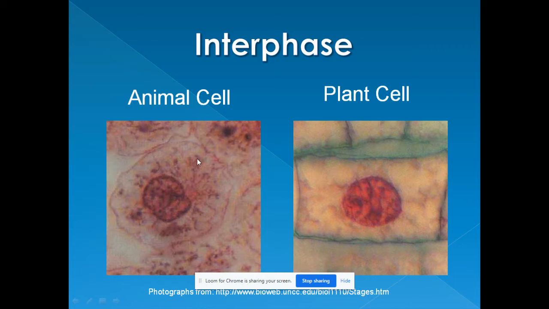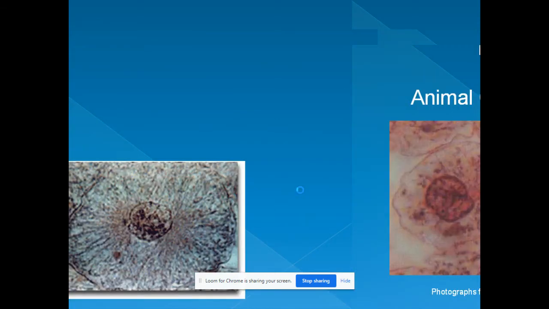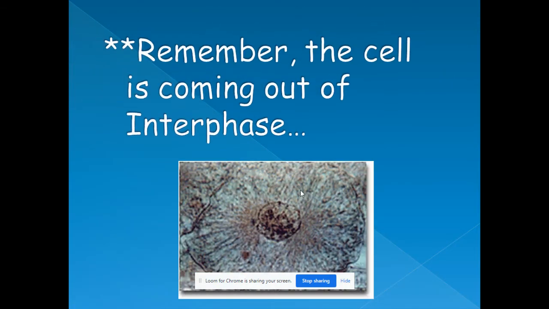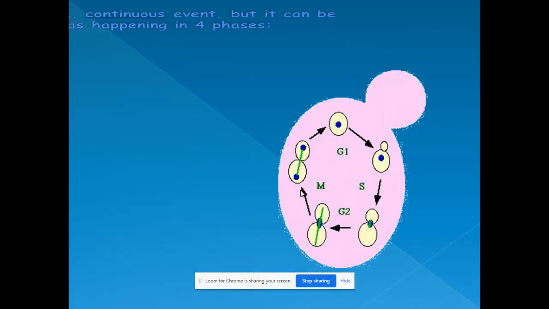All right, and all this division process happens inside the nucleus. Remember. Well, before the cell starts dividing, remember the cell is coming out of the interphase. So the interphase is out. The cell stops working on the normal activities and starts dividing, right? And that's when the first phase of division happens.